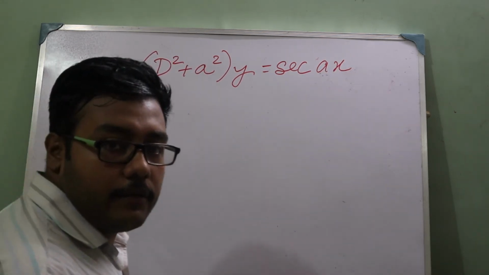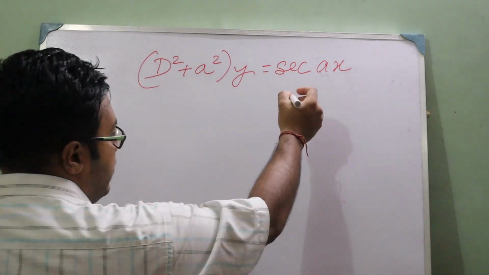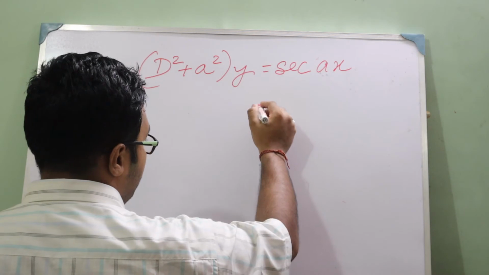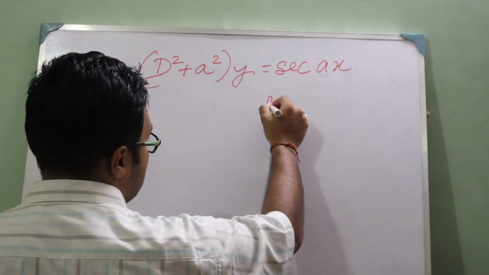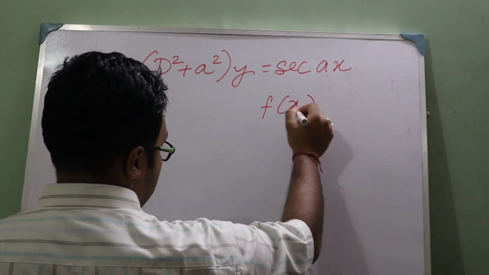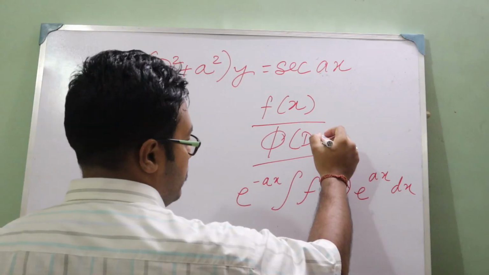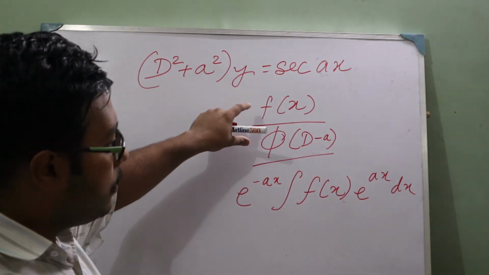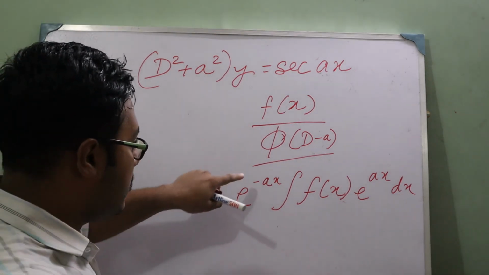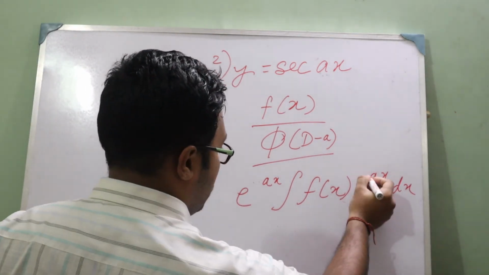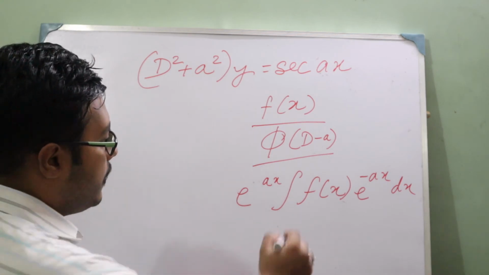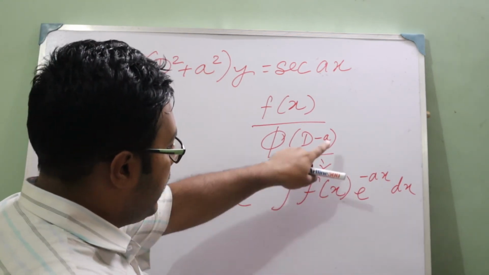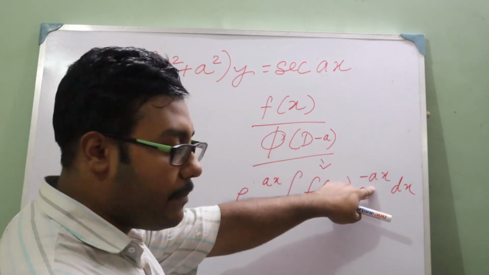Alright, now friends, try to remember one thing. Suppose we have a function f of x like this, then it can be converted into this part, with e to the power minus x in it.